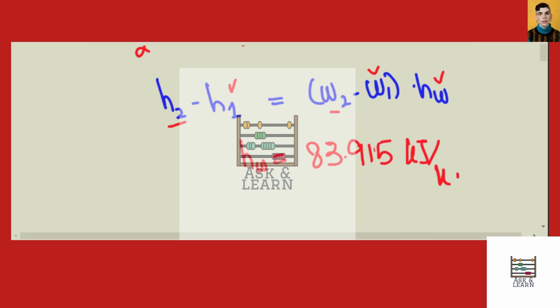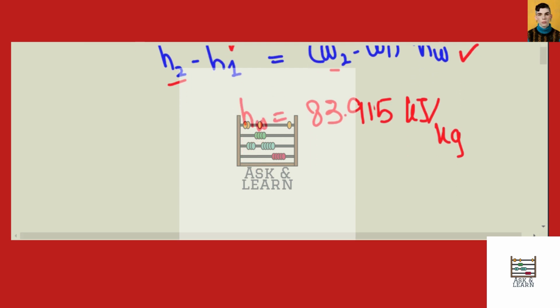kilojoules per kilogram, right? So let us plug in the values that we have in this equation, and let's take a look at the equation that we would have after plugging in the values, right?